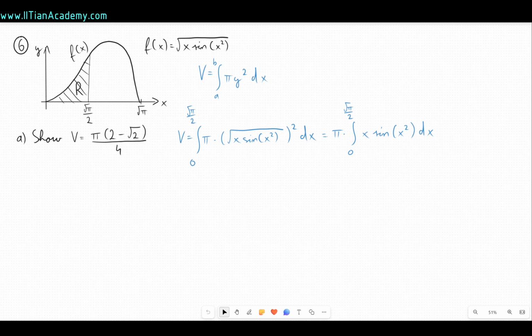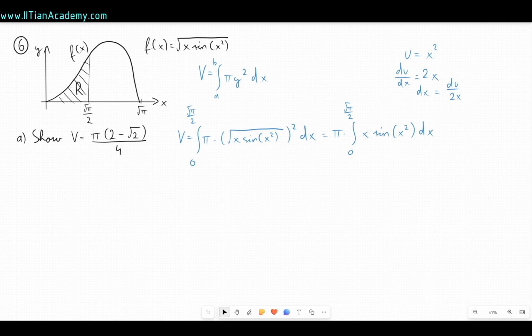Like this. And what we need to notice here is that we can do a u substitution. So if we say that u is equal to x squared, then du dx will be 2x, and so dx is equal to du over 2x.